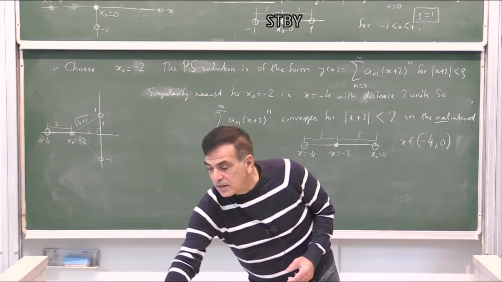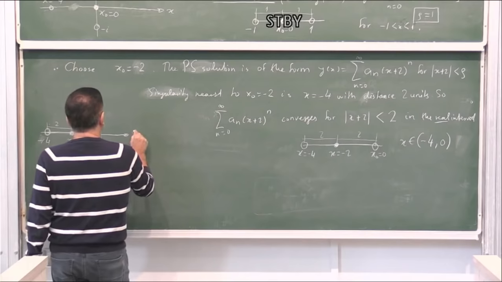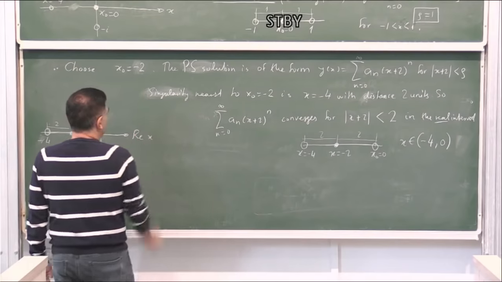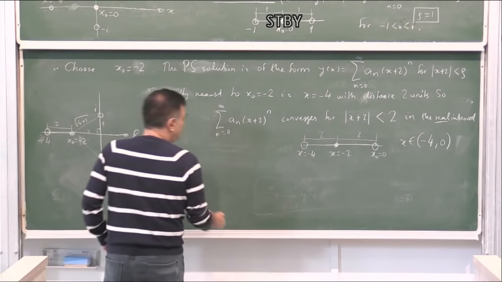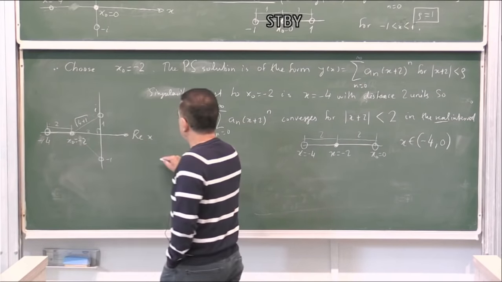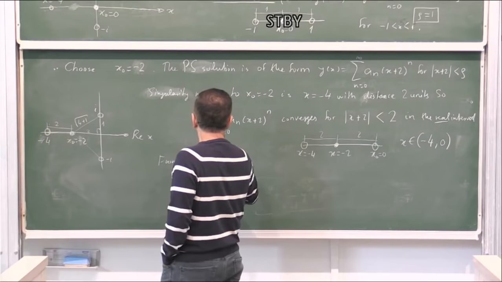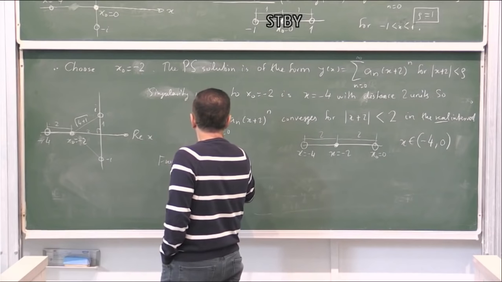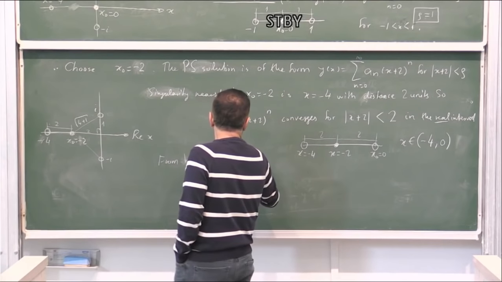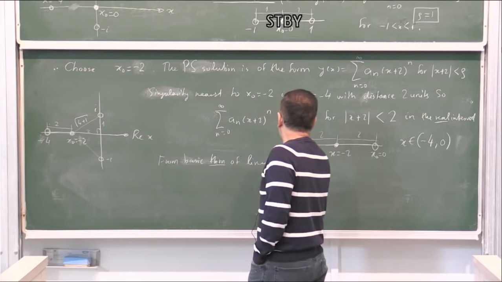Remember, from the existence uniqueness theorem, if we are interested in real values of x, the existence uniqueness theorem tells us that the solution is valid, from the basic theorem of linear ODEs, okay?